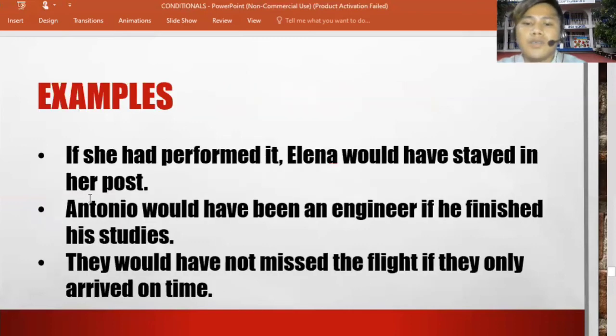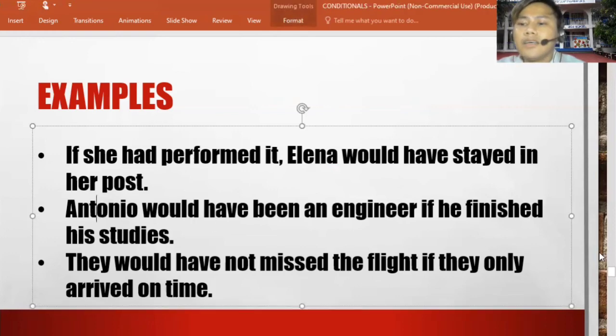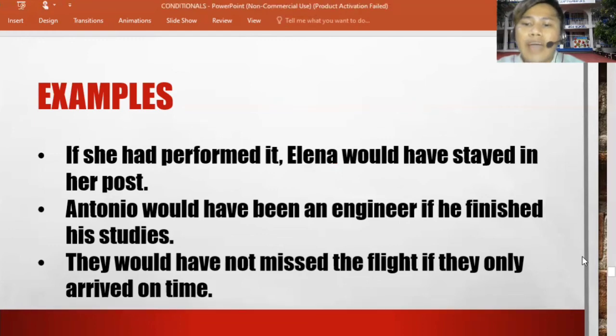So the first past action would be if she had performed it, and the second past action would be Elena would have stayed in her post. Next, Antonio would have been an engineer if he had finished his studies. Our main clause is Antonio would have been an engineer.